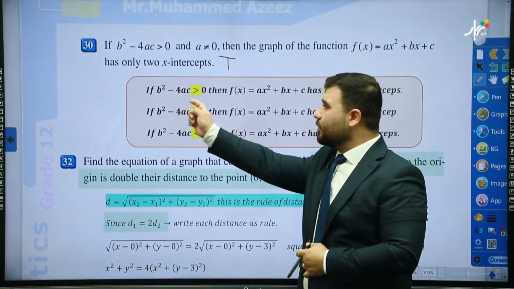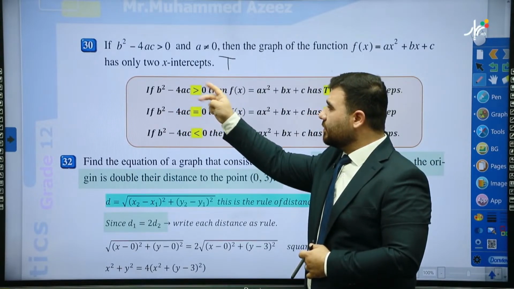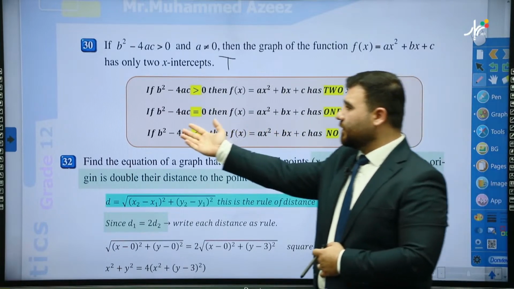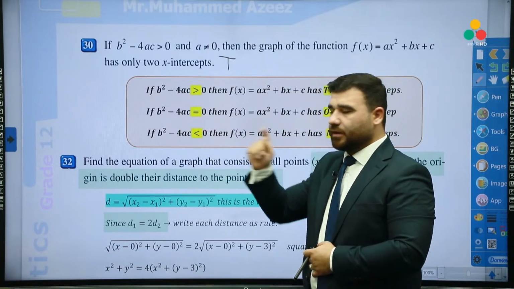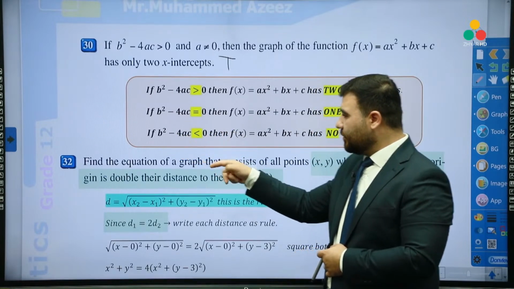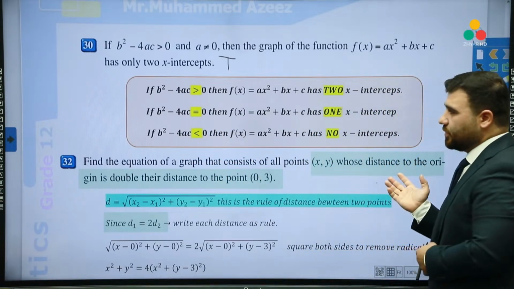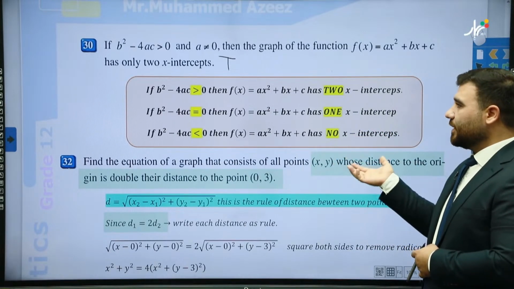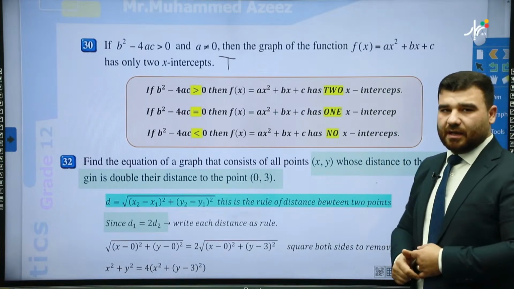If b squared minus 4ac is more than 0, then there are two solutions. If b squared minus 4ac is equal to 0, there is only one solution. If b squared minus 4ac is less than 0, there is no solution. No solution means there is no x-intercept, no place where the graph crosses the x-axis.